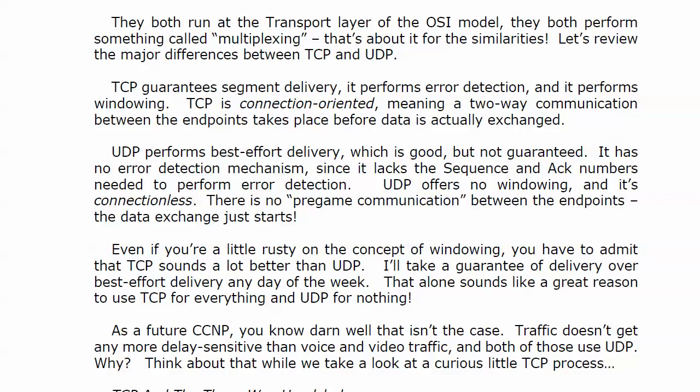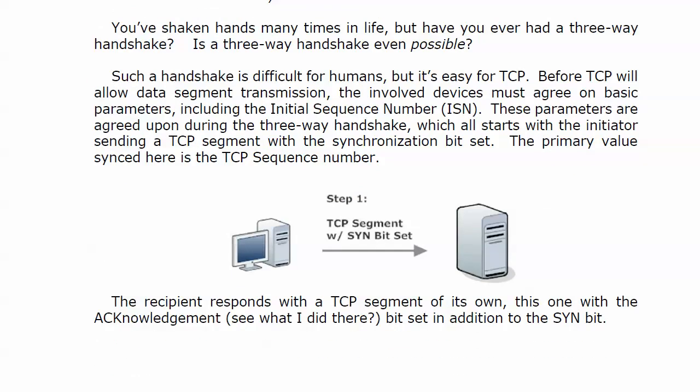If you get just a little bit of jitter in a voice over IP call or any of your Cisco voice, oh man, your phone starts ringing like crazy. So we can't really afford any delays. Well, all of your voice and video traffic, it's using UDP. Well, let's think about why when we take a look at a curious little TCP process, that three-way handshake.